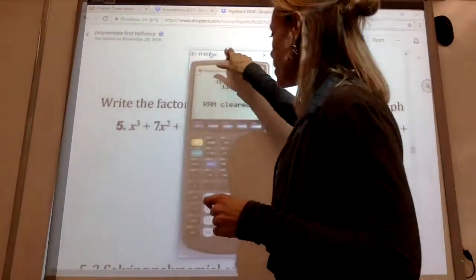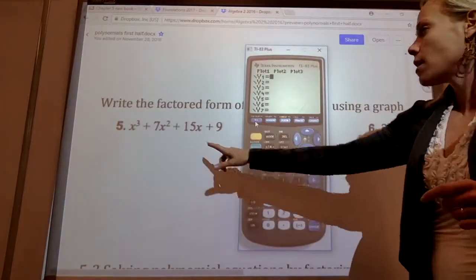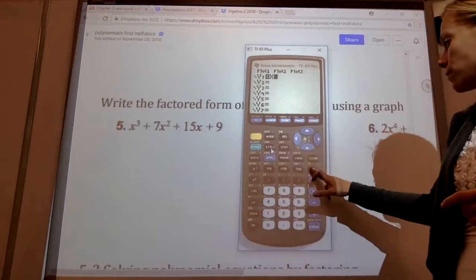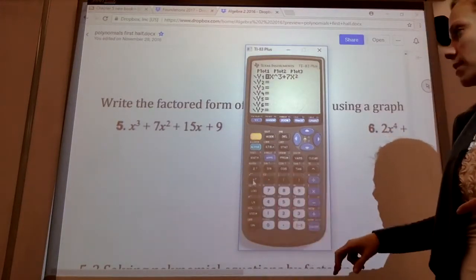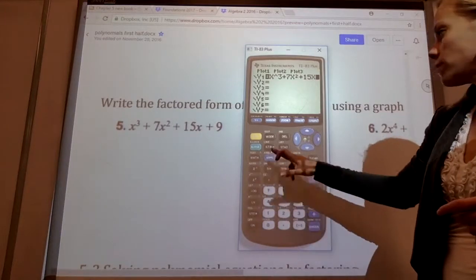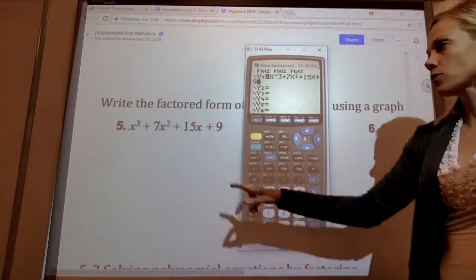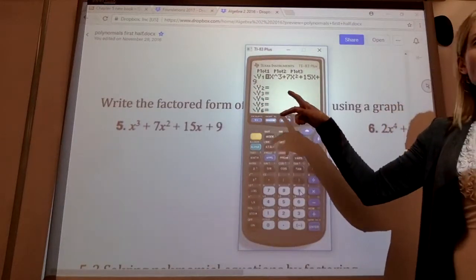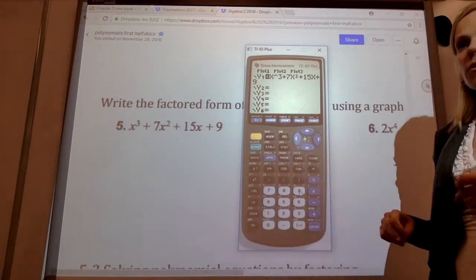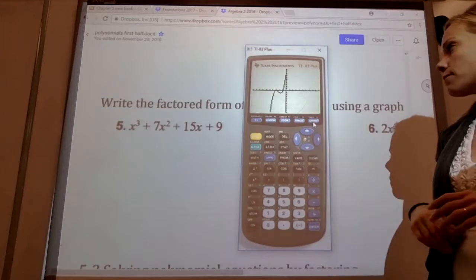Put in your y equals x cubed plus 7x squared plus 15x plus 9. Right? Just put this in your y equals. And then graph.